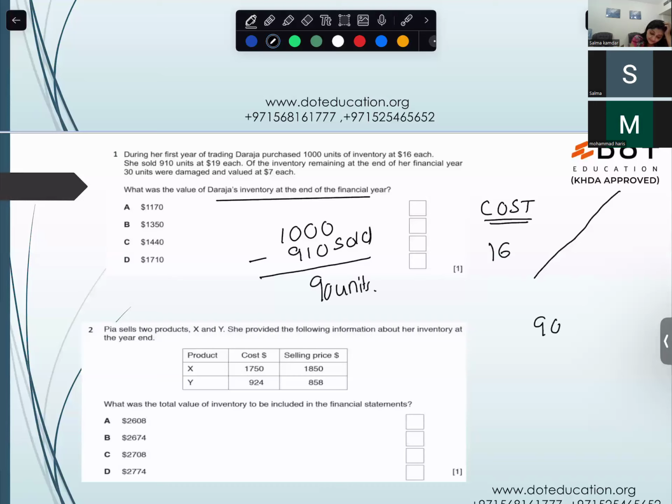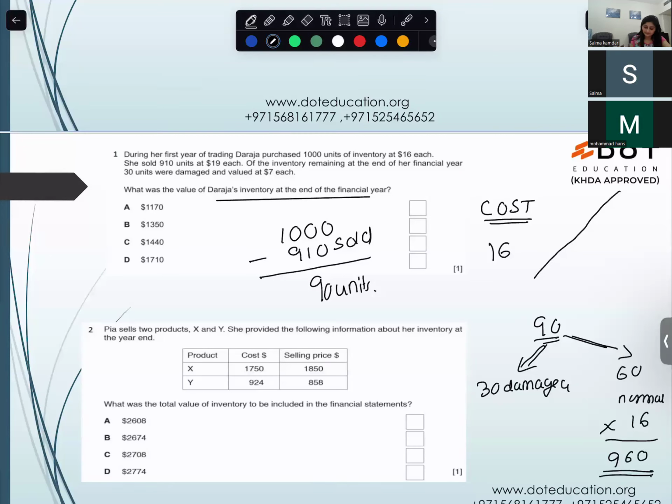Out of these 90 units, 30 was damaged. That means 60 was normal. So these 60 units will be valued at cost only. That is 60 into 16. 960.